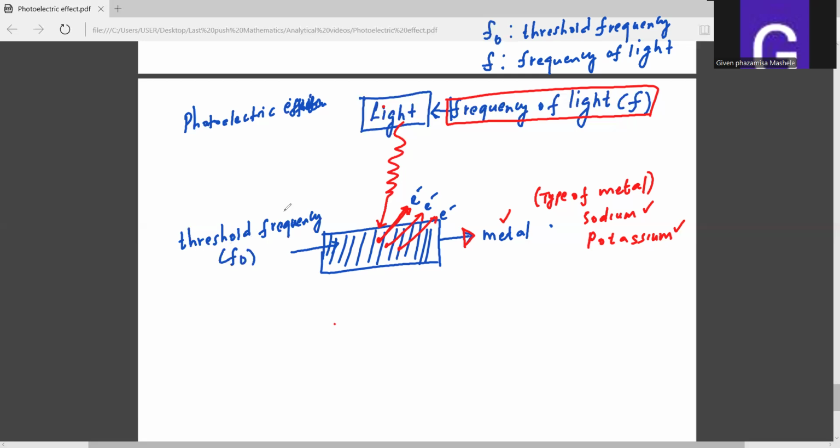What is this cutoff frequency? The cutoff frequency is the minimum frequency that is needed to eject electrons from the metal surface. So this cutoff frequency does not depend on the light, but on the metal. Different metals have different cutoff or threshold frequencies.